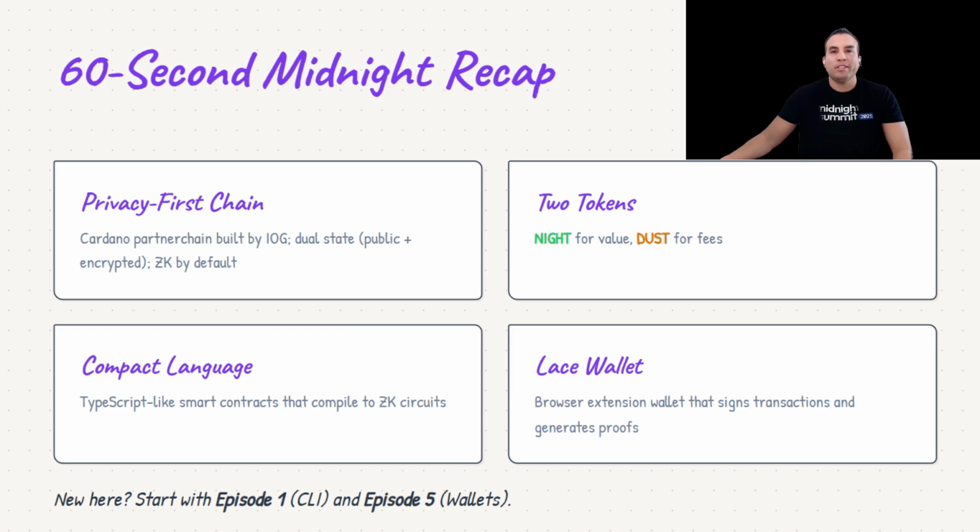Third, the smart contract language is Compact, TypeScript-like, compiles to zero-knowledge circuits. And fourth, Lace is the browser extension wallet that signs transactions and generates proof. If any of these sounds unknown, pause here and watch episodes 1 through 5 first, then come back. For anyone else, let's get into the vision.